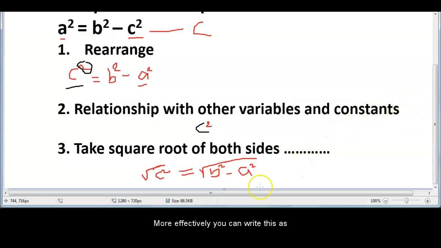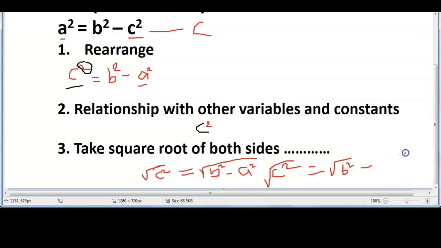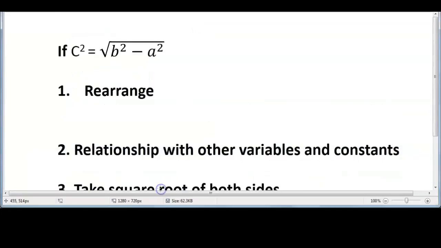Or more effectively, we can write this as square root of c square equals square root of b square minus square root of a square. Just like this.